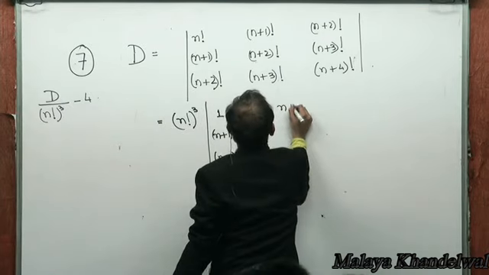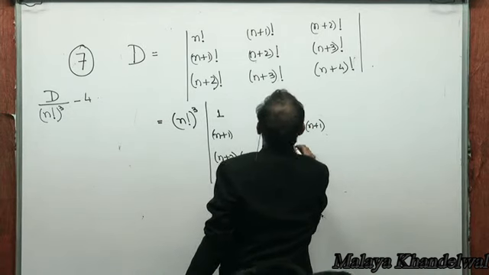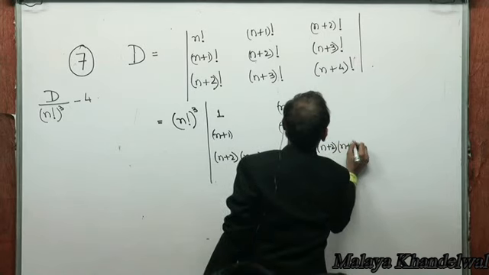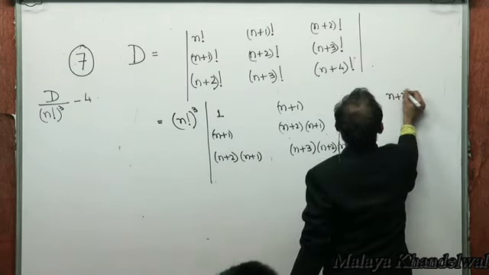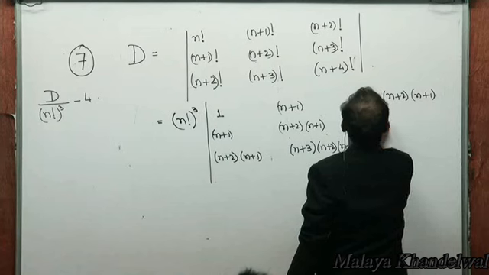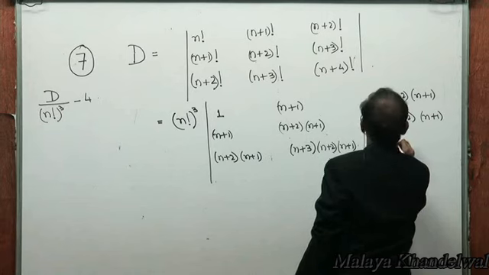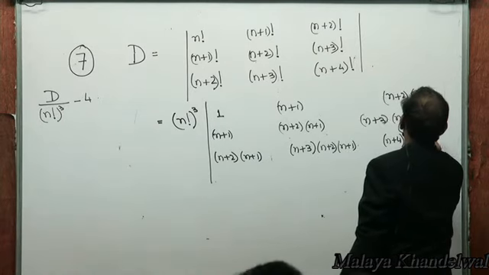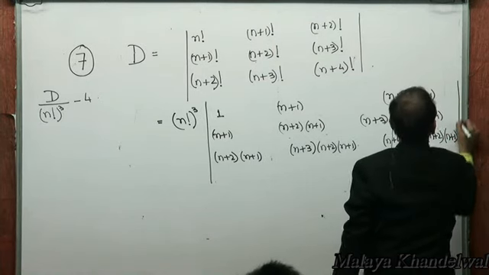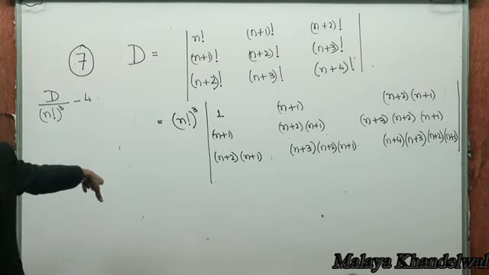This would be n plus 1, (n plus 2) into (n plus 1), (n plus 3) into (n plus 2) into (n plus 1). This is going to be (n plus 2) into (n plus 1), (n plus 3) into (n plus 2) into (n plus 1), (n plus 4) into (n plus 3) into (n plus 2) into (n plus 1). This is what transpires, right? Yes or no? Do you realize what I've done here?